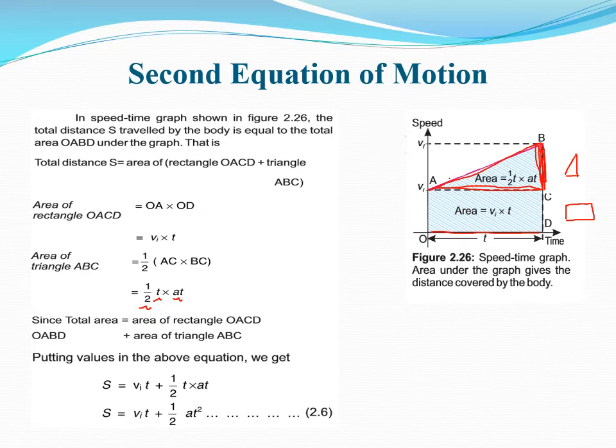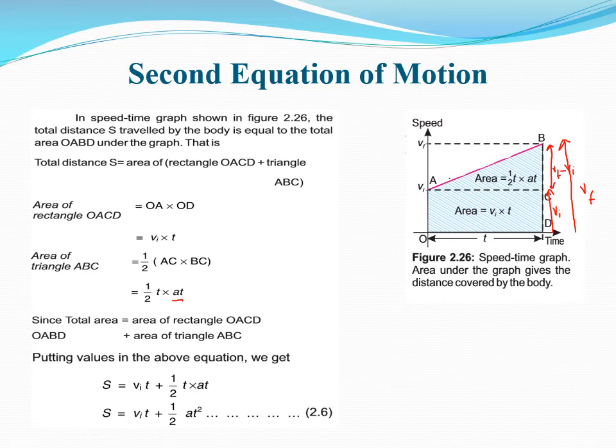And how is it 80? So let's clarify it. You are noticing that from this time axis to this height, the body has initial velocity Vi, and from the time axis to this point B, the body gets Vf. So this spacing is Vf minus Vi.